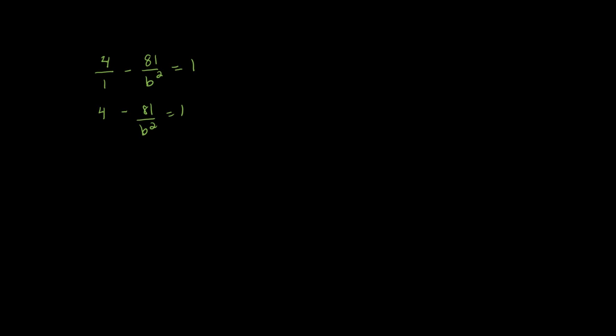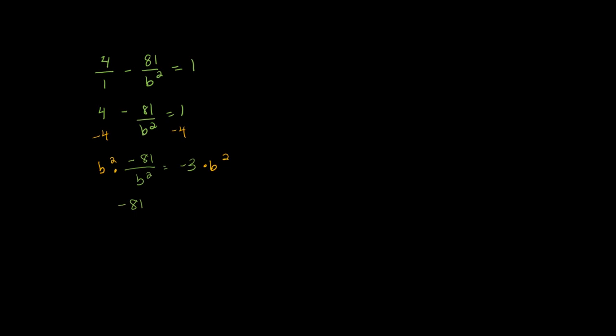So I can subtract 4 from both sides. We get negative 81 over b squared equals negative 3. Then I can multiply both sides by b squared so that I can get that out of the denominator.